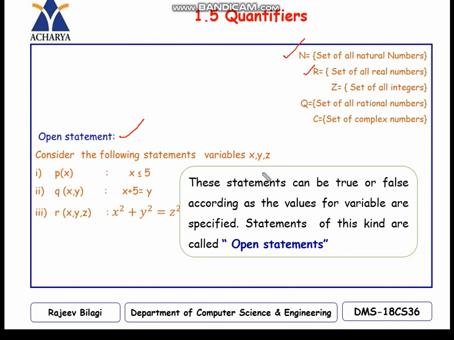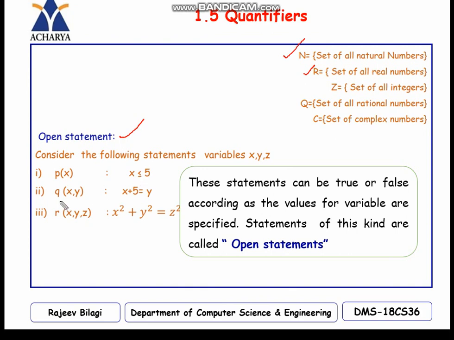Before I go ahead with the actual definition of open statement, consider three different variables x, y, z. Now I will write one, p of x, which denotes x is less than or equal to 5.